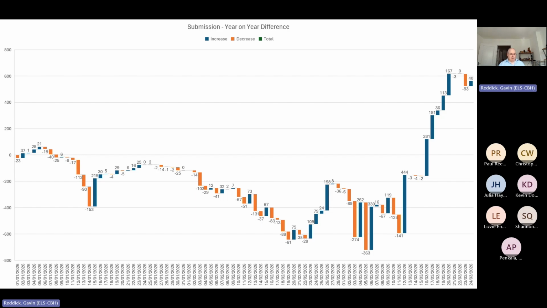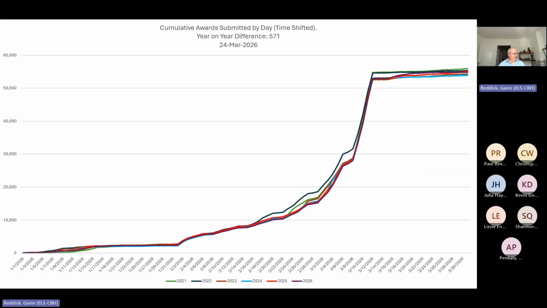We're also aware of some funders having particular communications issues in reaching out to researchers, so they might not have been receiving funder comms during the submission period and are now receiving them, which is potentially accounting for some of those steeper increases. So that's the year-on-year difference.